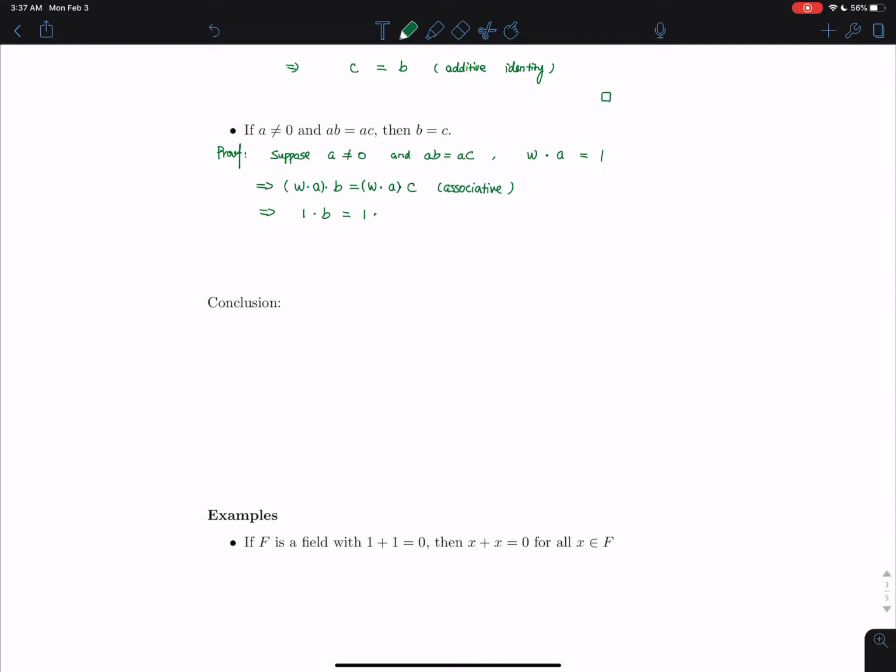This will give you 1. This is because it's reciprocal. 1 times B is B. 1 times C is C. This is because 1 is a multiplicative identity. Okay, and you are done.